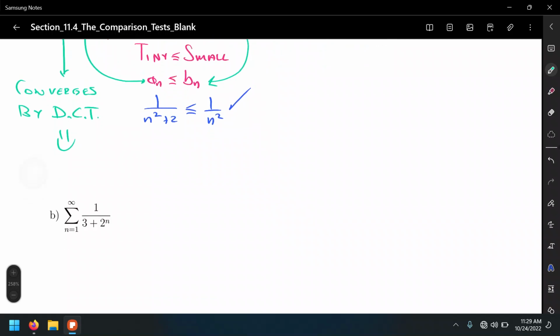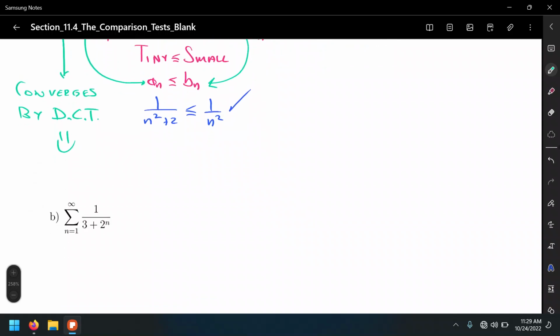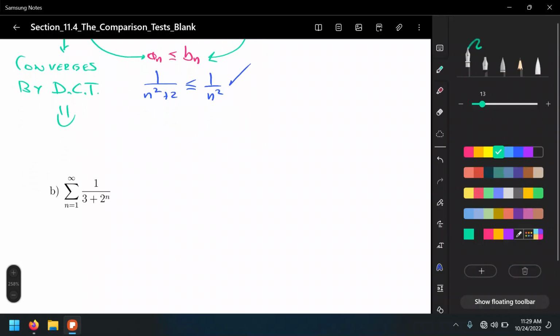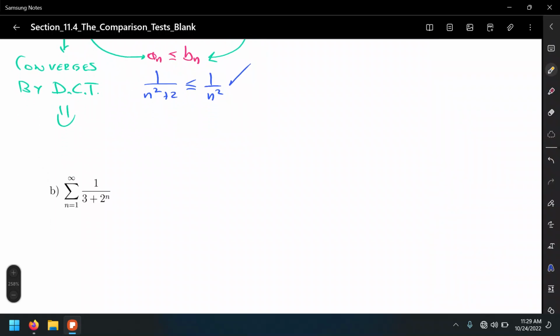Another example: sum from n equals 1 to infinity of 1 over 3 plus 2 to the n. So let's see if we can come up with another series, something similar, something simpler, to compare with.